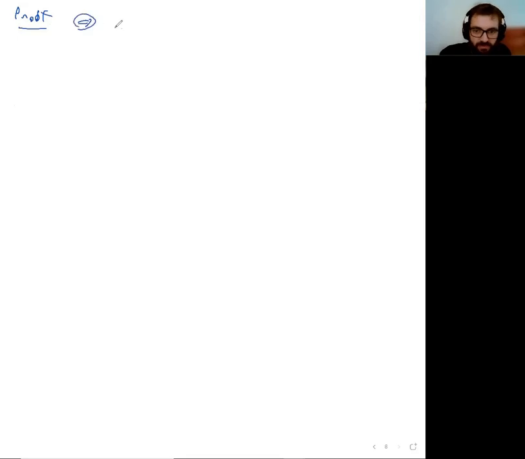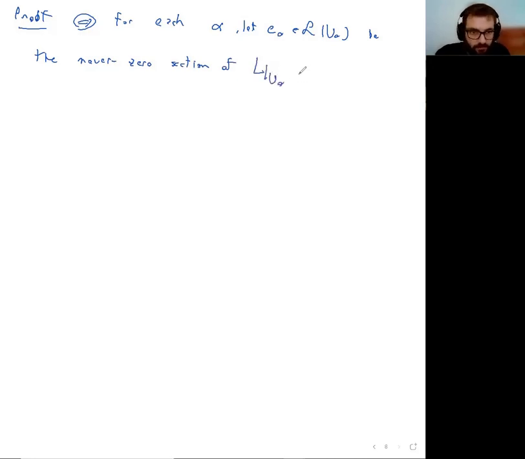Okay, so the idea is to define some kind of basis of sections for our bundle L. So for each alpha, we take e alpha to be a global section, which is never 0. And such that they behave in this way.